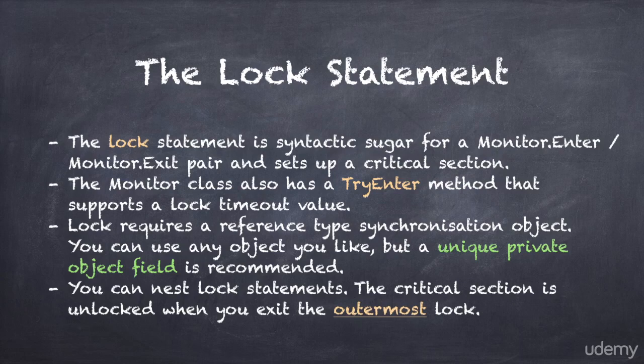The lock statement requires a reference type synchronization object. You can use any object you like, but a unique private object field is recommended. You can nest lock statements. The critical section is unlocked only when you exit the outermost lock.